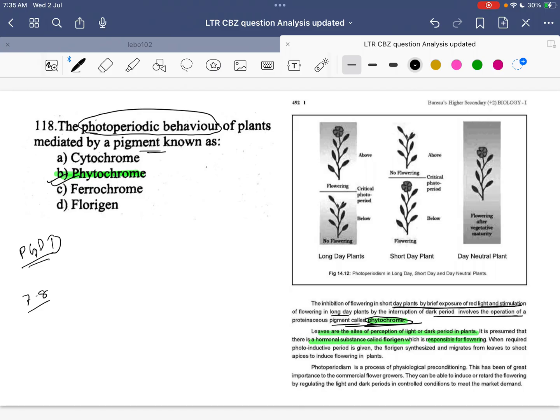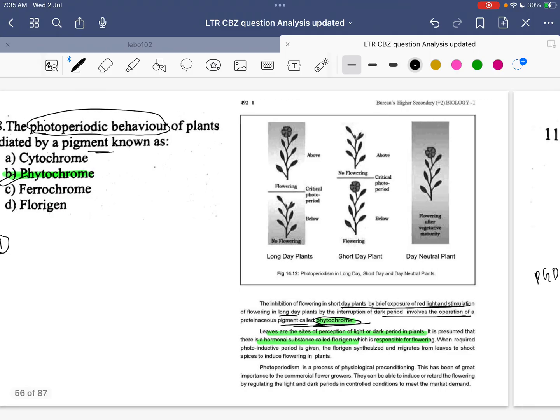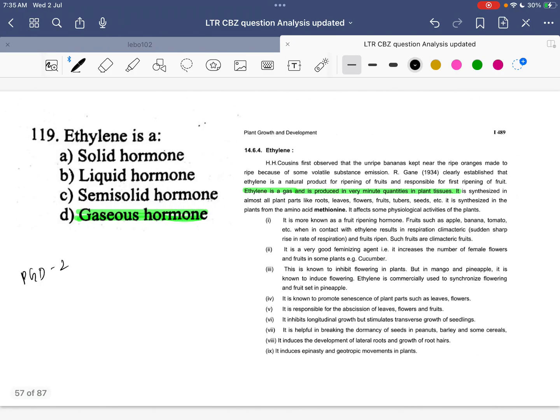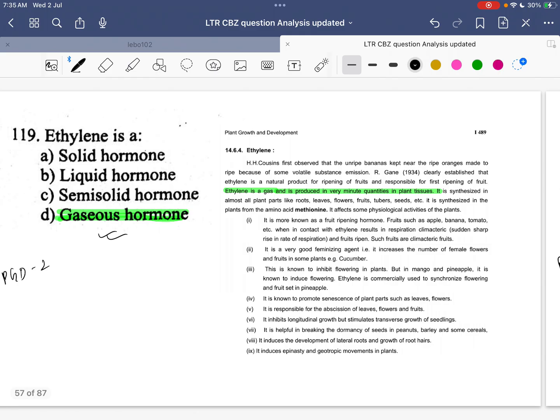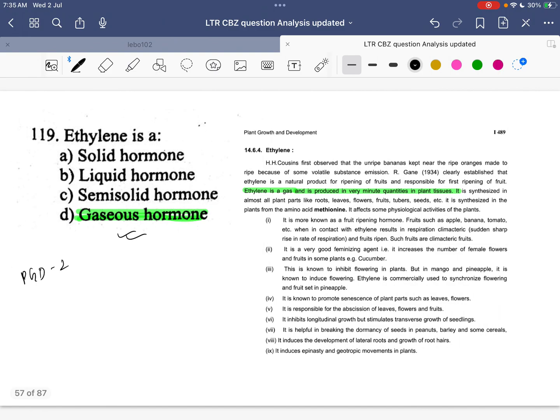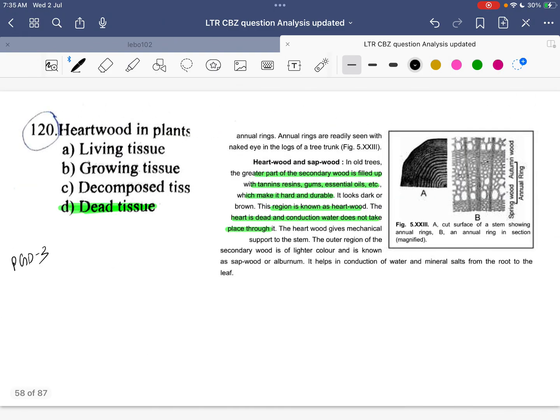So from that small chapter, 7 to 8 questions come directly from the lines of the NCERT. So ethylene, you know that it is a gaseous hormone. Fine. There is no more discussion in this question, a direct question.